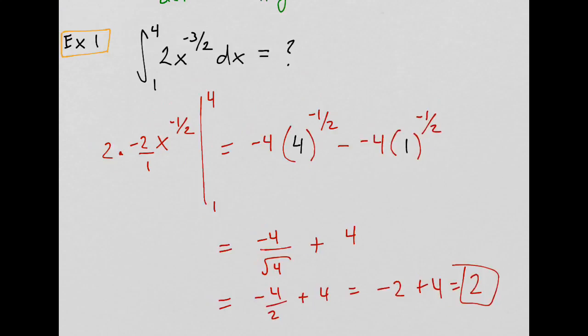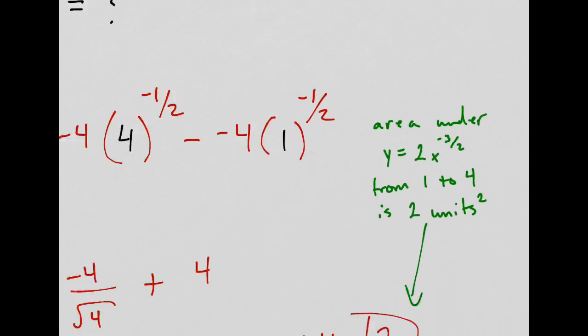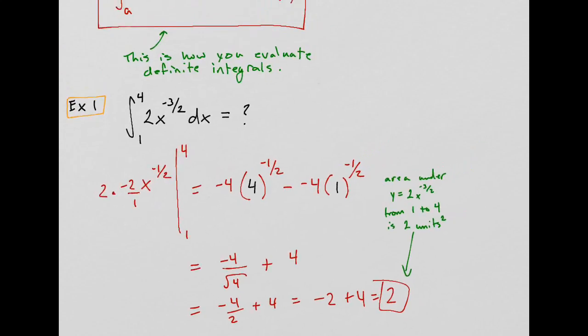What does that mean? It means the area underneath this function from 1 to 4 comes out to be 2 square units. Beautiful.